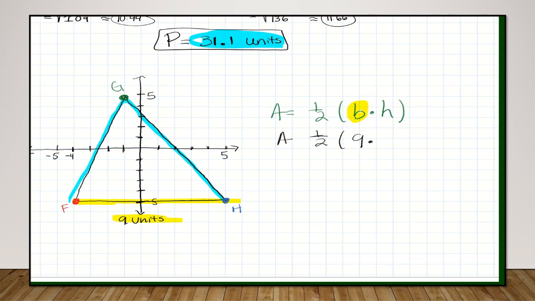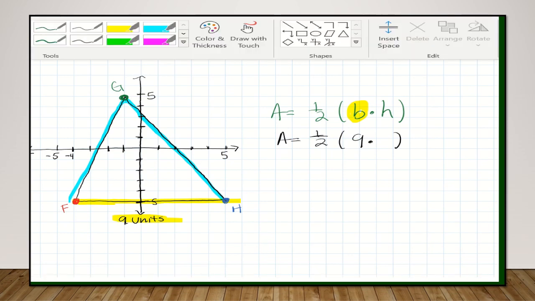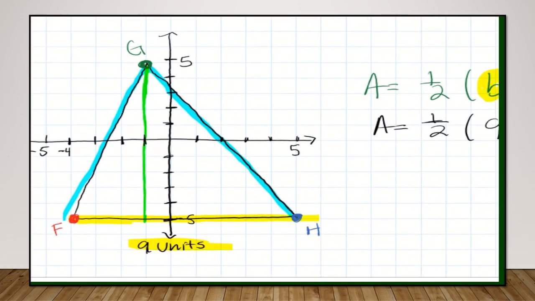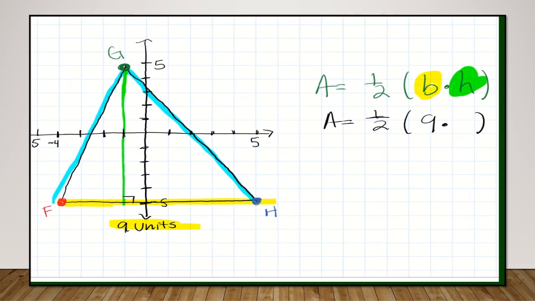And I choose the base to be always that vertical or horizontal line on the triangle that we can just find the distance directly from our picture. The height will be perpendicular to the base. So here you see me drawing a perpendicular line to the base. Perpendicular lines form a right angle. And that would be the height of the triangle, which is 10 units.